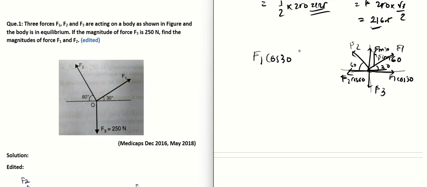So you can apply the equilibrium condition as F1 cos 30 equals F2 cos 60, and F1 sin 30 plus F2 sin 60 equals F3. You can solve both of these equations and find the values of F1 and F2, which will come out the same, 125 and 216.5.